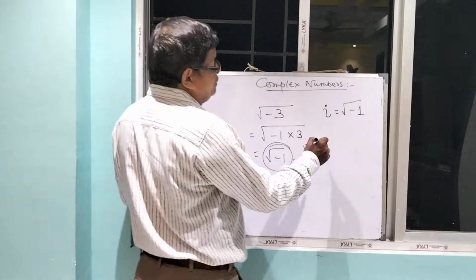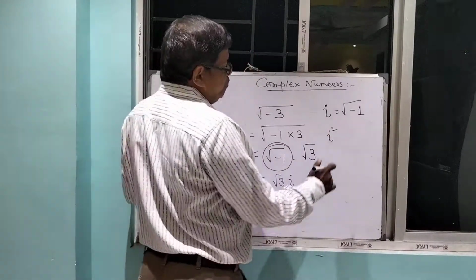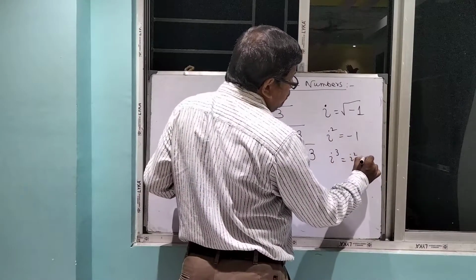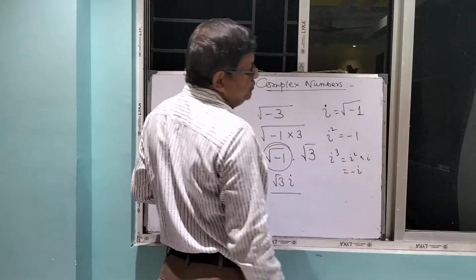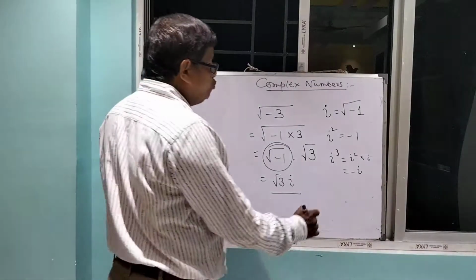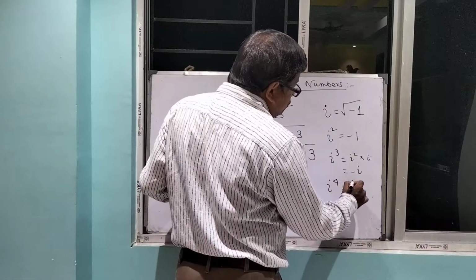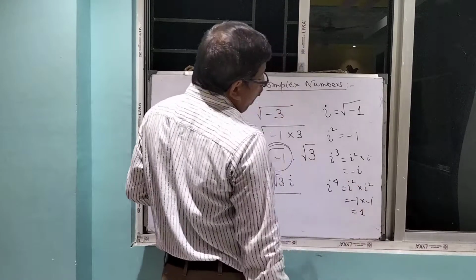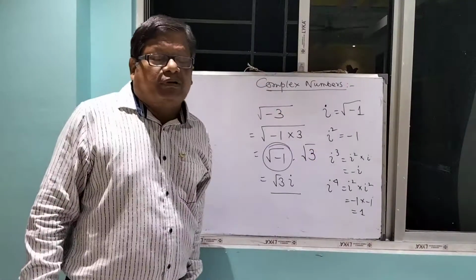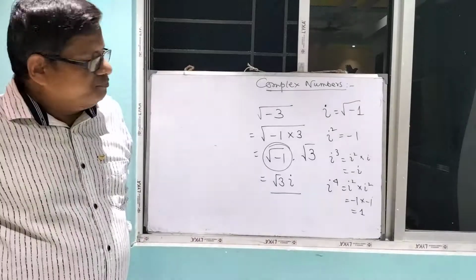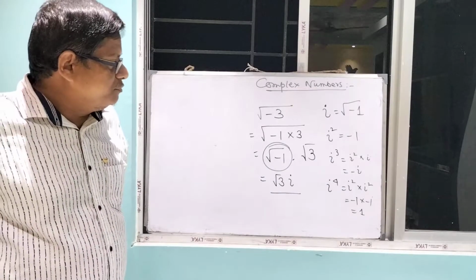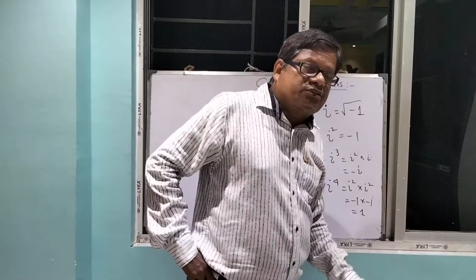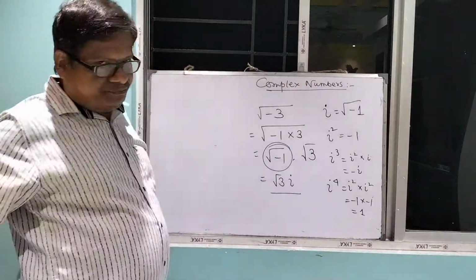Keep in mind the various powers: i square is minus 1, i cube is i square into i, that is minus i, and i to the power 4 is i square into i square, that is minus 1 into minus 1, that is 1.